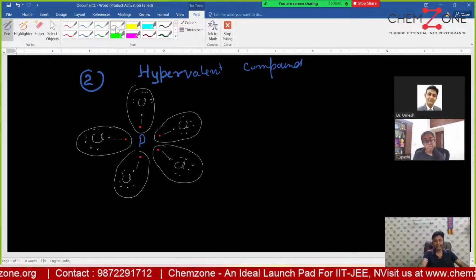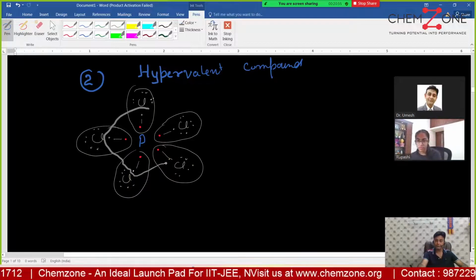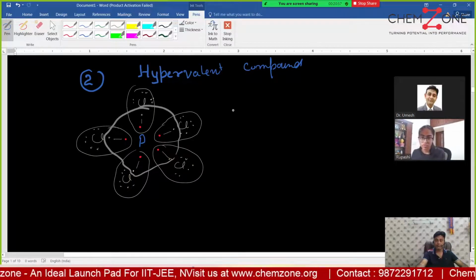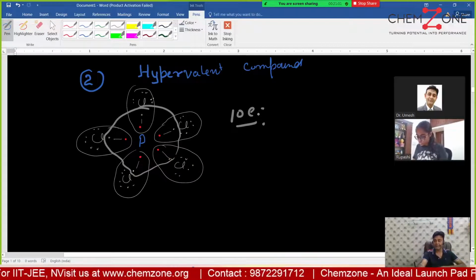But if you see the central element, phosphorus, it has 10 electrons. It's a hypervalent compound. The theory does not explain why it is stable.